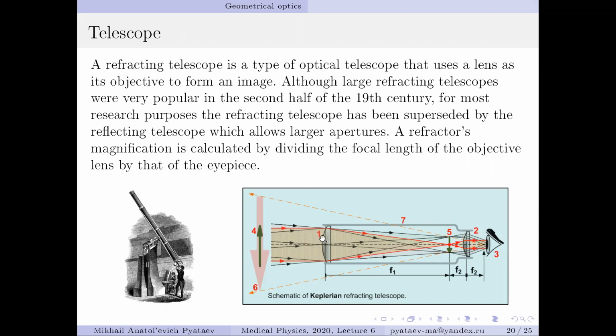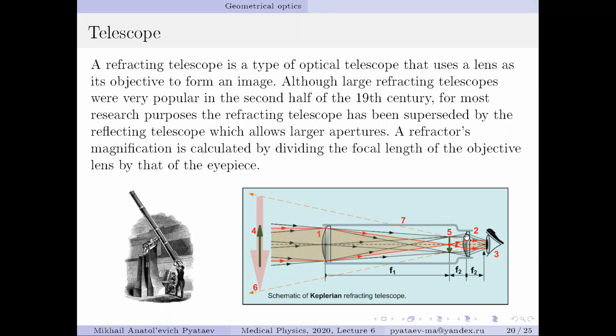In this case, we have an objective lens with a long focal distance. It forms an image of an object which is located very far away, we can say in infinity. Then the image is formed in focal plane, and this image is then seen using the eyepiece lens with the eye.